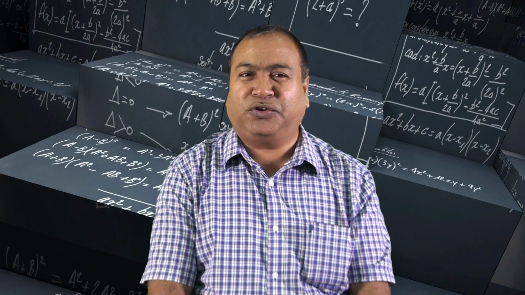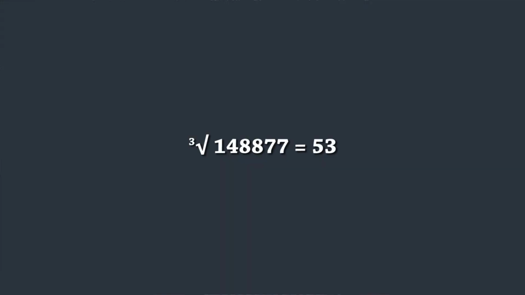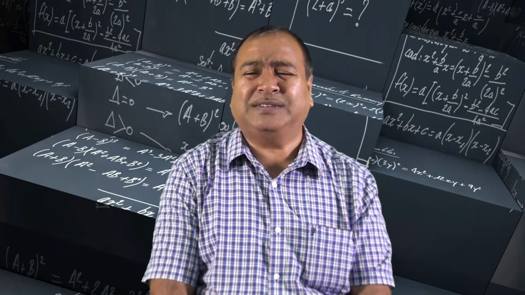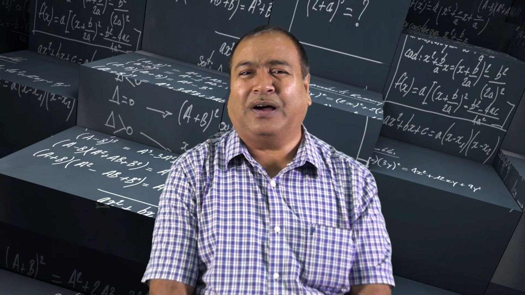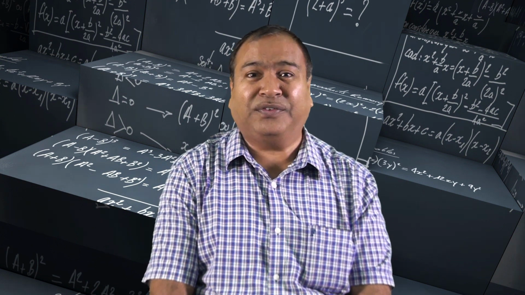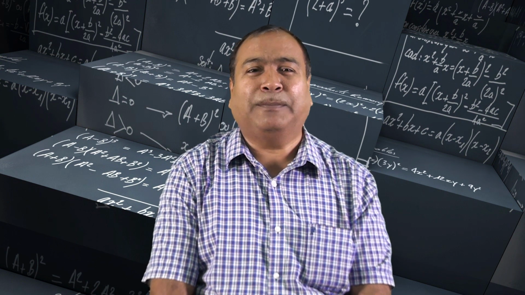Hence, the cube root of 148,877 is 53 only. Do you find it very interesting? So like this, we can apply this technique on the digits and find the answers very easily if the given number is a perfect cube number.